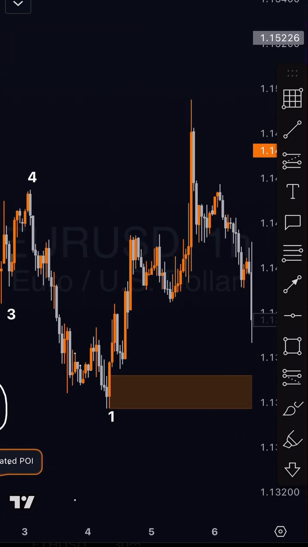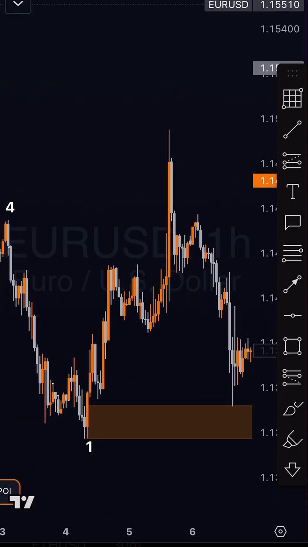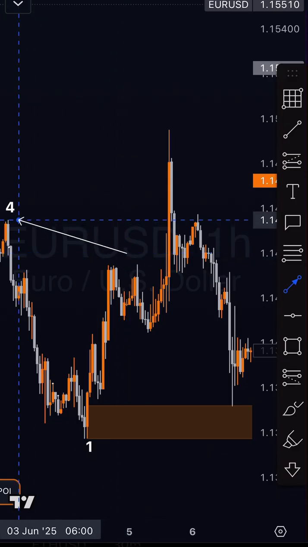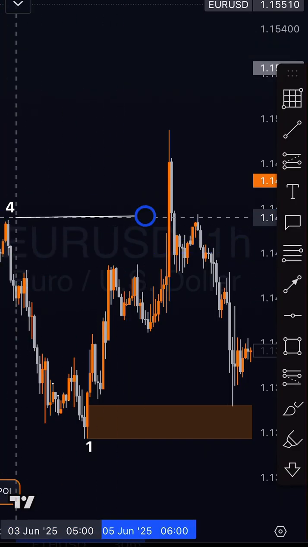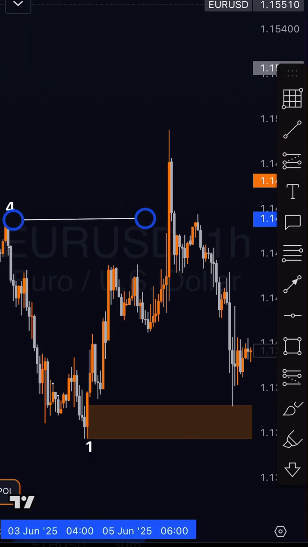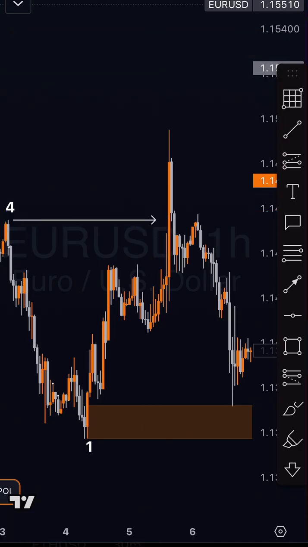Now what is step two, guys? Step two is the break of structure. Now let's see if the structure is broken over here. Is the structure broken? Yes. How do you know that this structure is broken?